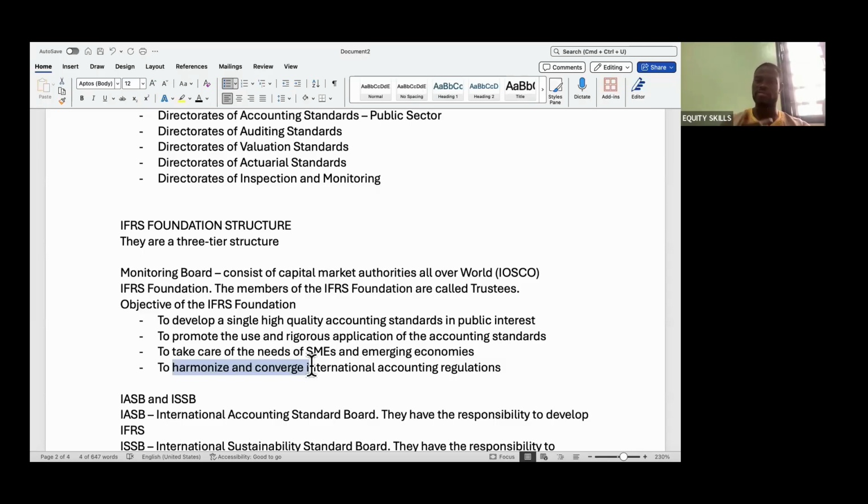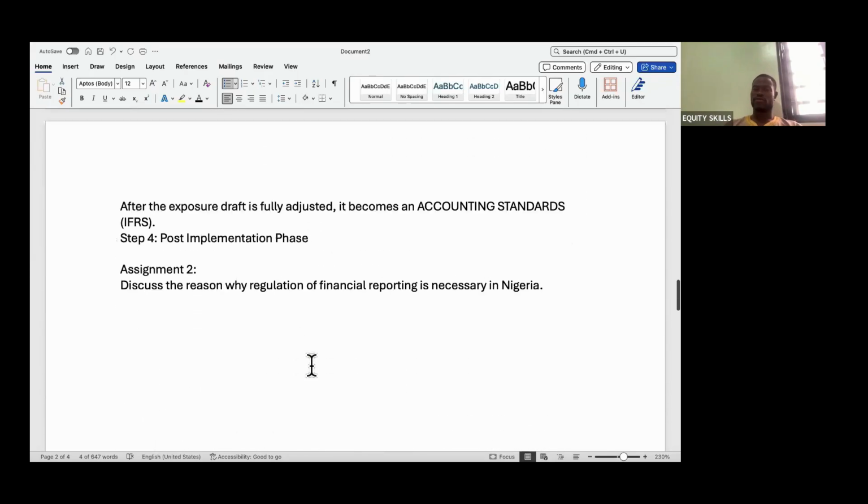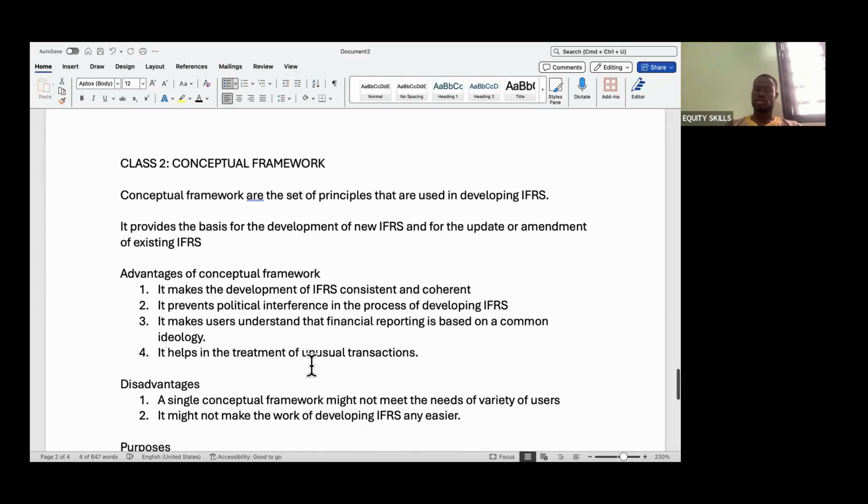Like most updates they are making as of today, like the update they made to IFRS 9 on financial instruments, the update they made to fair value measurement on IFRS 13, the update they made to IFRS 15 on revenue, all are now very similar to what is in the US. They are converging, they are harmonizing international accounting regulation. So it's part of what the IASB does.